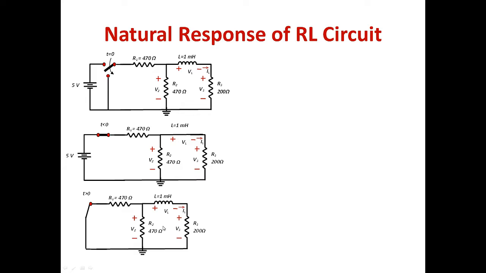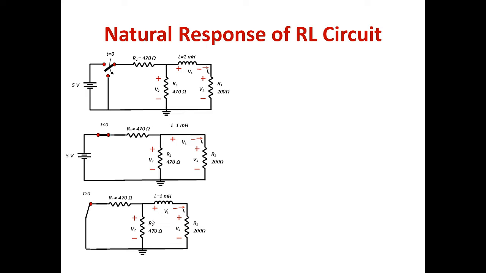Anyway, what happens is after switching, the current through the inductor will continue to flow. This stored energy will slowly dissipate into the resistors. So the RL circuit will continue to have current flowing through it.